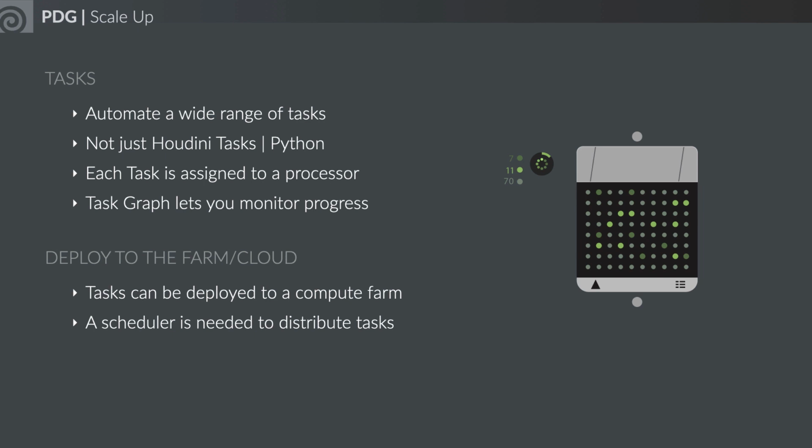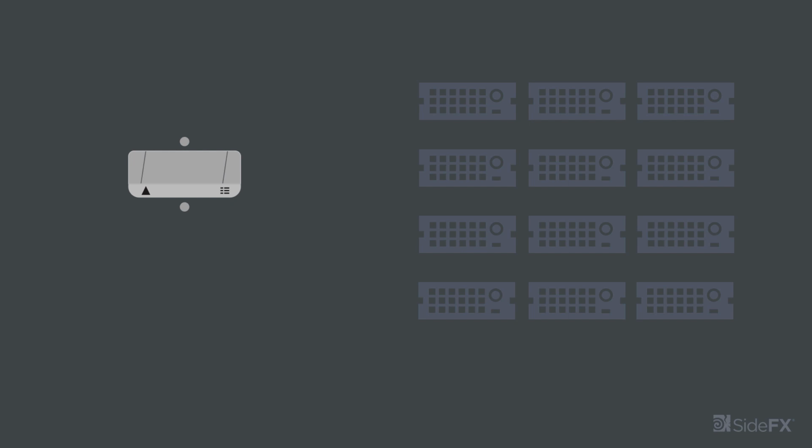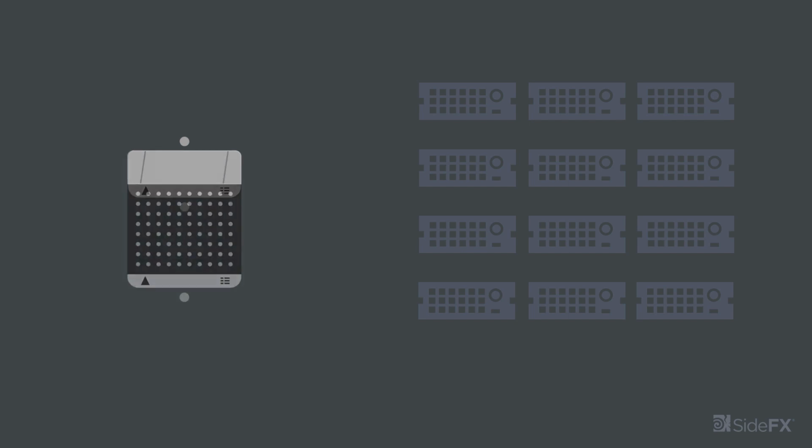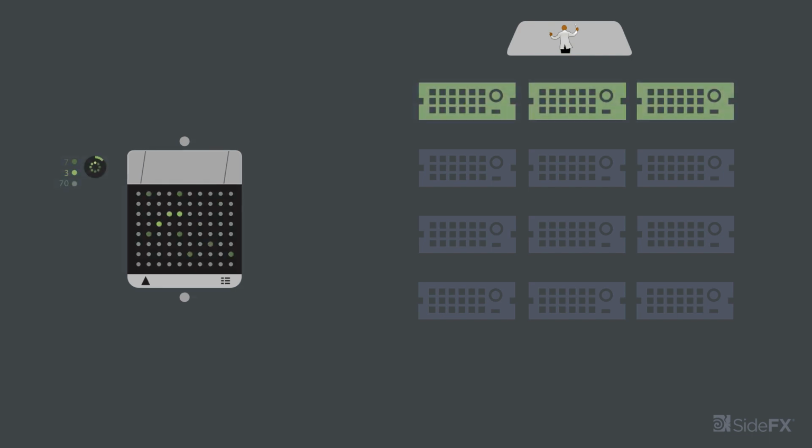By processing tasks this way, you can speed up more complex solutions, and artists can see results more quickly. The way PDG networks work is that you start with a node that then gets assigned a collection of tasks. A scheduler is then used to assign the task to either a single computer or compute farm. Here, this local scheduler assigns tasks to 3 cores.